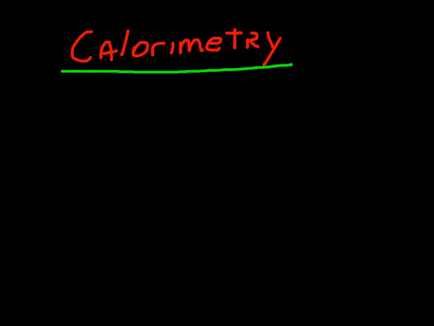Now the basic thermochemical equation for calorimetry is this. Q is equal to M times delta T times C. I'm going to explain every one of these. Q right here is heat.